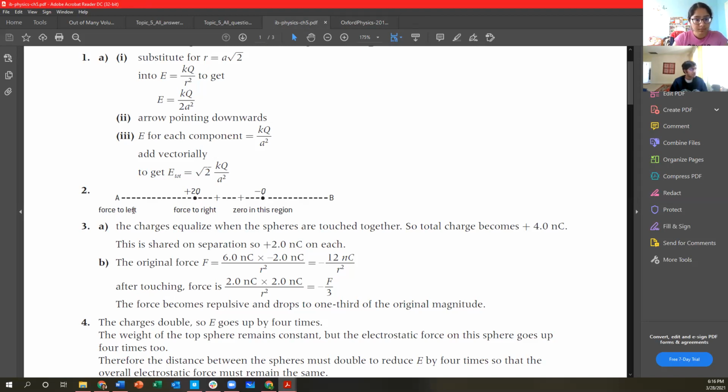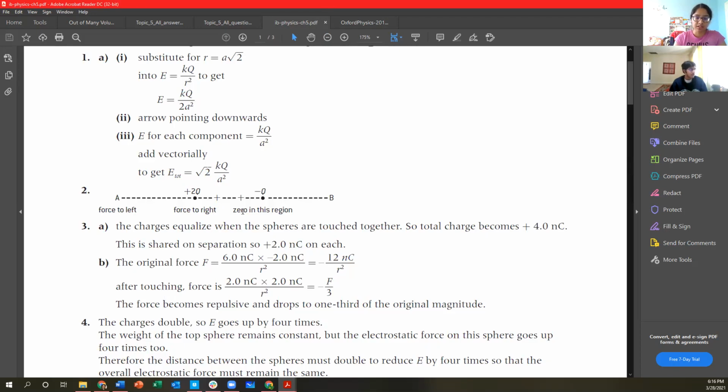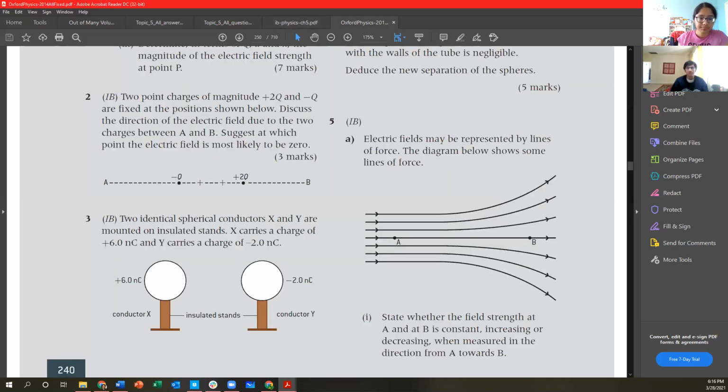Well, force to the left makes sense because it would be going away from 2Q. Oh, that's right. And we said it would have been force to the right over here, in this region. And it says it would be 0 somewhere around the negative Q area. So that makes sense, that's kind of what we said. I think our logic was okay. It wasn't bad.